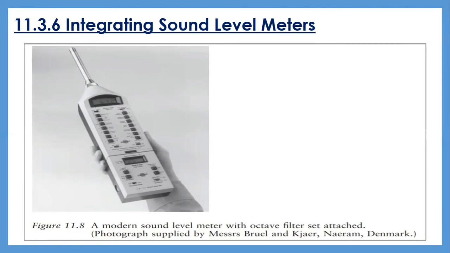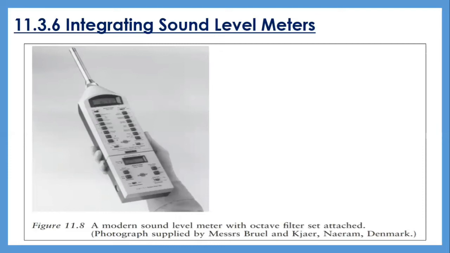As you can see in figure 11.8, it is an example of a modern sound level meter with an octave filter set attached. The slow mode is used to obtain an average reading when rapid fluctuations in intensity measured on the fast mode are greater than 3 or 4 decibels.